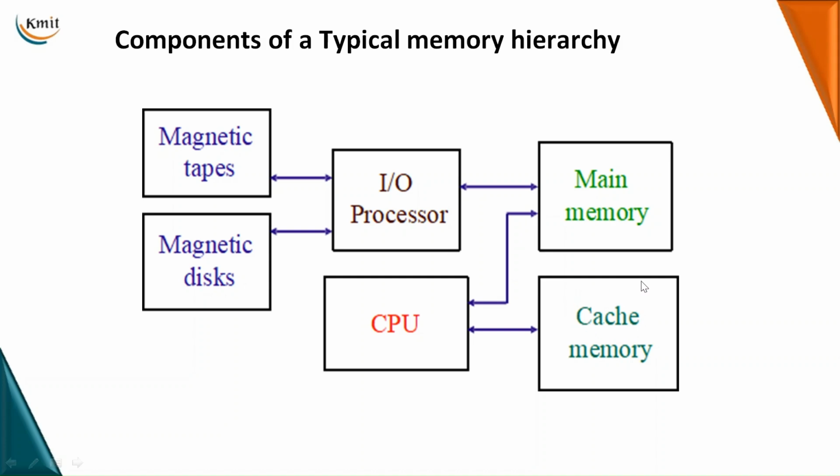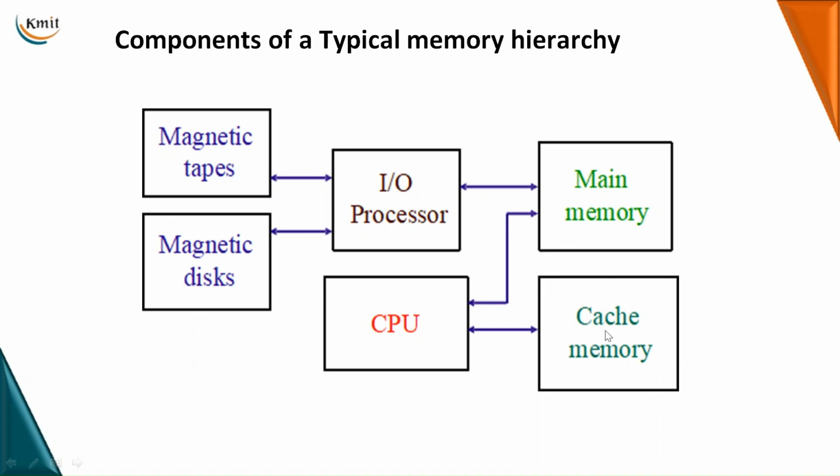What type of information can be present in the cache memory? The information which is accessed most frequently by the CPU. The cache is a very small memory compared to the main memory, but it is the fastest. The size of the main memory is large. Since the cache is of very limited capacity, you cannot place more and more information in it.